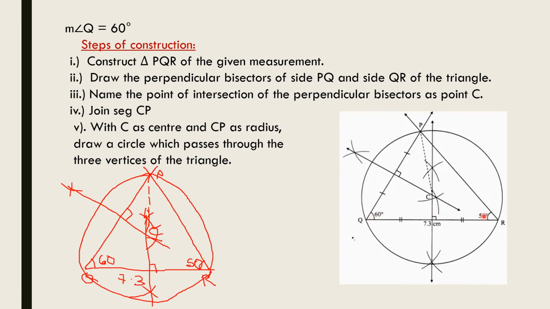Then draw the perpendicular bisectors of side PQ and side QR of the triangle, and name the point of intersection of the perpendicular bisectors as C. Join the segment CP. With C as the center and CP as its radius, draw a circle which passes through all three vertices of the triangle. This is your required figure.